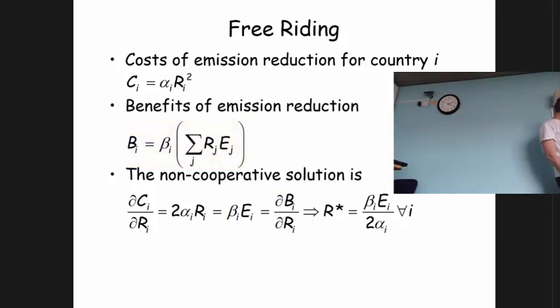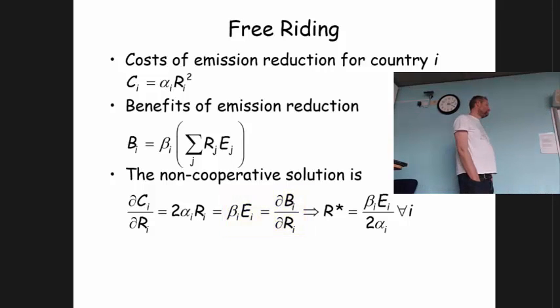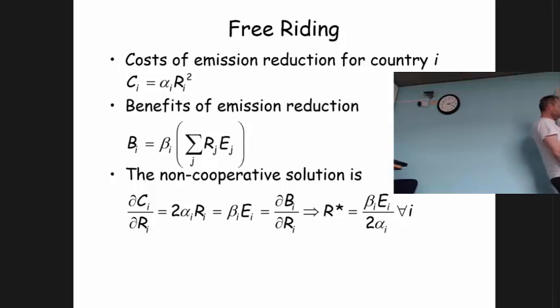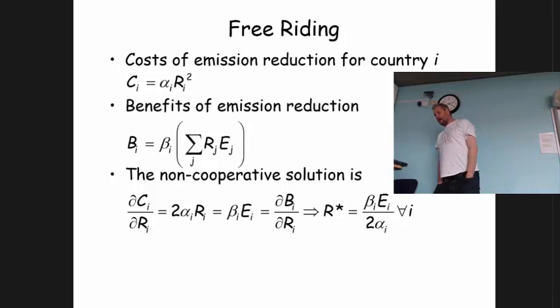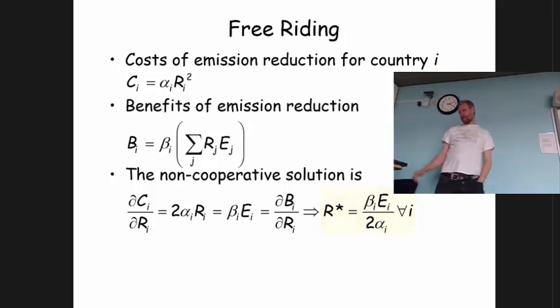So what remains of this summation is E_i. And then we have an optimal non-cooperative emission reduction, that is beta_i times E_i over 2 alpha_i. And that holds for all countries i. Right?